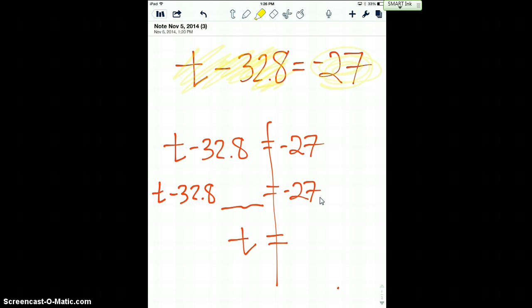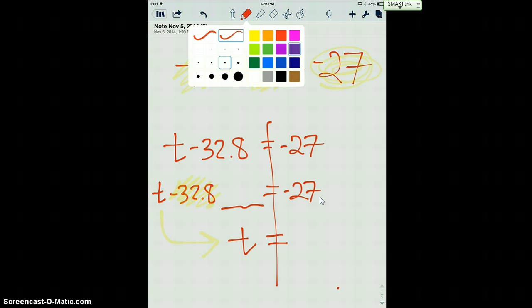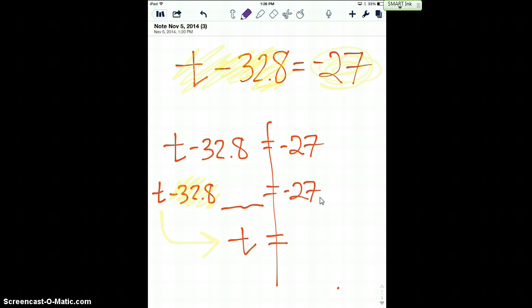The reason is that with this next step, we're going to get down to just t. So we have to figure out how we can get rid of this so that we are left with just t. Mathematically, what could we do? If we are subtracting 32.8, to get rid of that, I'm going to add its opposite, 32.8. But now, if I do that to one side of the scale, my scale is not balanced.